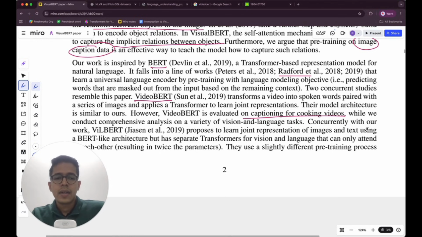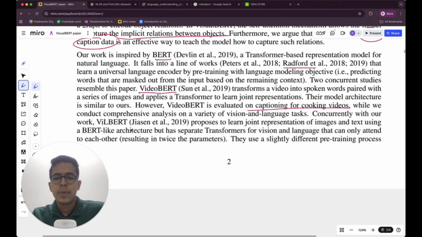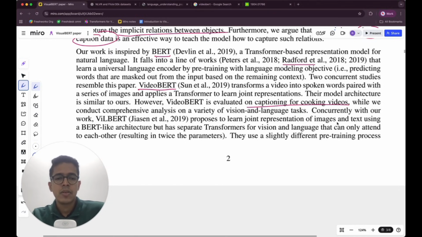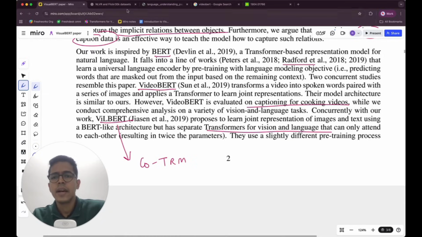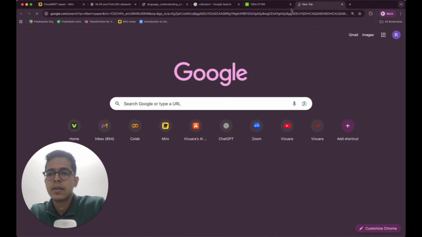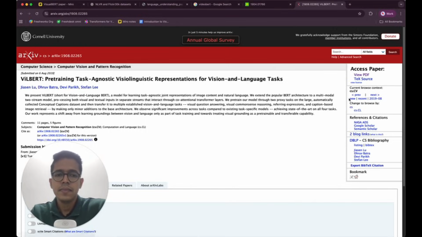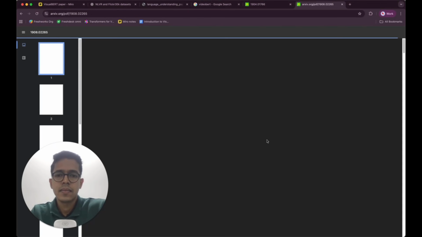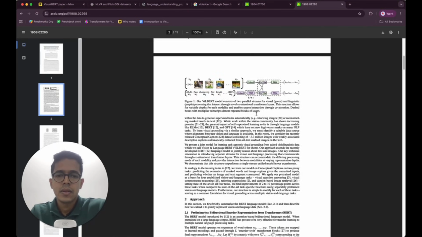Then, concurrently with our work, ViLBERT proposes to learn joint representations of images and text using a BERT-like architecture, but has separate transformers for vision and language that can only attend to each other. In this paper, I have read this paper actually, they introduce something called co-transformer, co-TRM. I can actually show you that. So this is the figure.